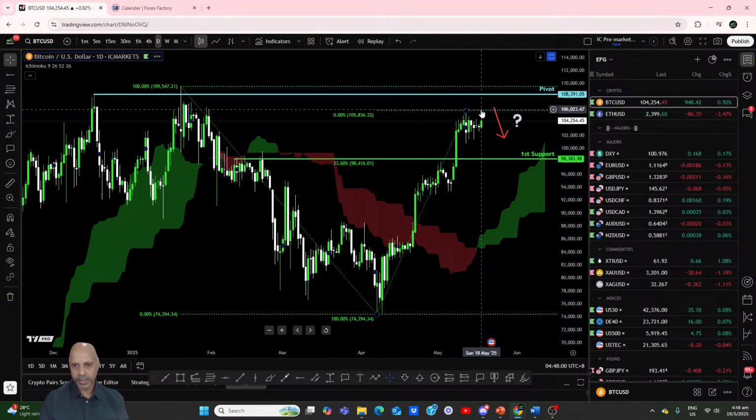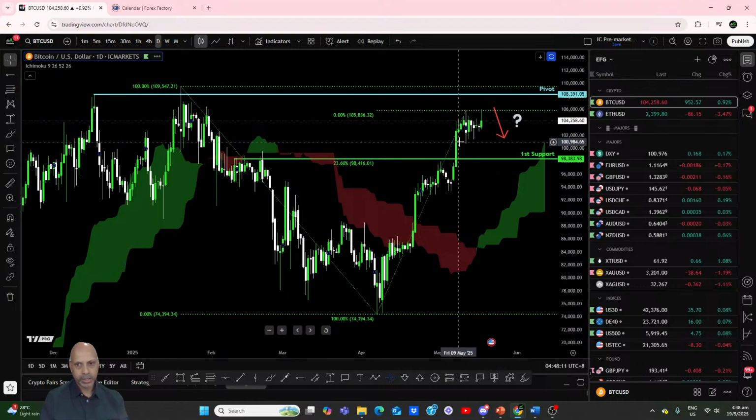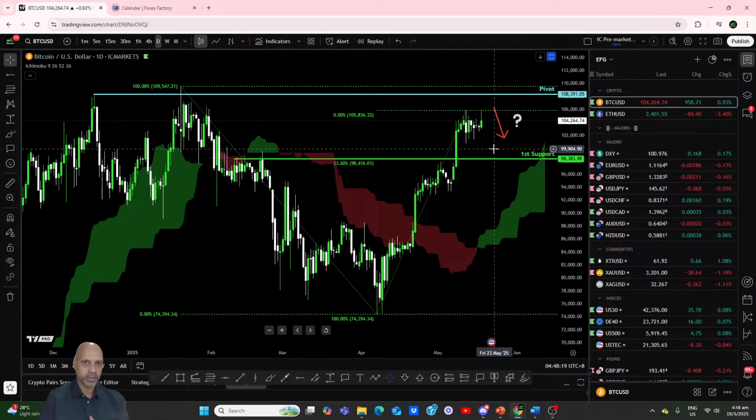Just on Sunday, after briefly climbing above 106,000, it looks to have fizzled out around this level and looks to be pulling back as well. So if crypto is pulling back, especially if Bitcoin is pulling back quite strongly this week, or if it continues to pull back much more strongly, it can give us a good sense of the type of environment that we can expect for this week, right?